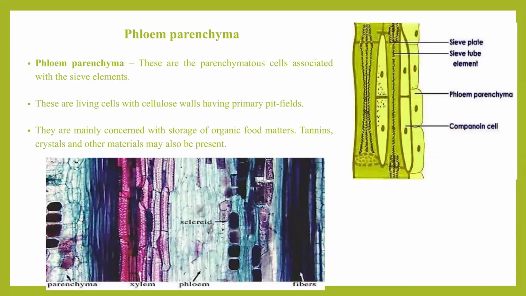The main function of the phloem parenchyma is the storage of food materials and also tannins, crystals and other materials. The cell wall is made up of cellulose and they have primary pit fields.